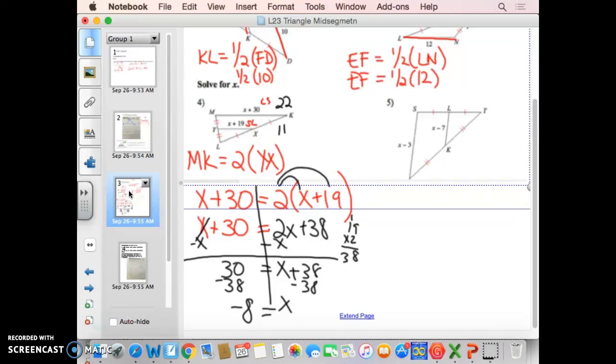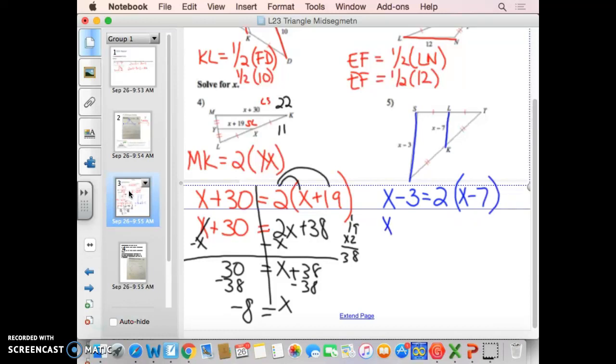Once again, I got a short side. So this is my short side, and this is my long side. And so I know that my long side, which is x minus 3, is going to equal my short side times 2. Right?